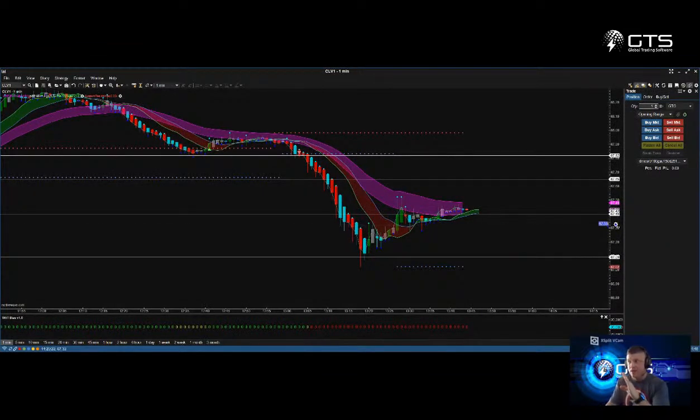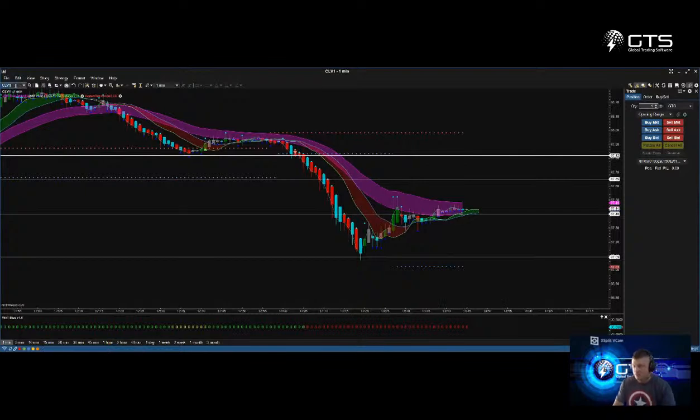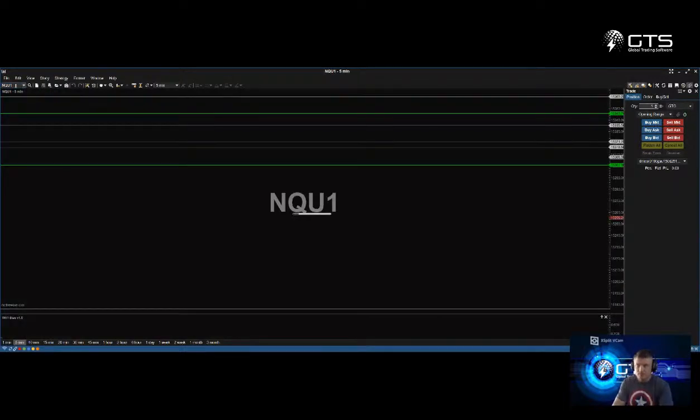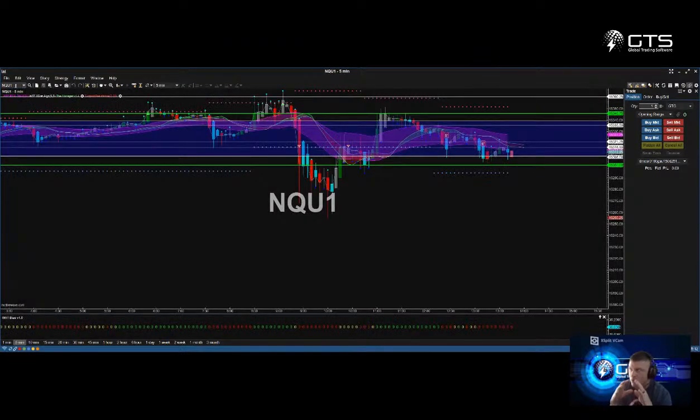Because after a parabolic move, more often than not, you see some sort of excellent support, or there's a freaking ton of buyers down there, and then you get caught off guard because you're expecting it to continue, but it doesn't. And that happens all the time. So all of this stuff really works really well. All you have to do is follow the rules.